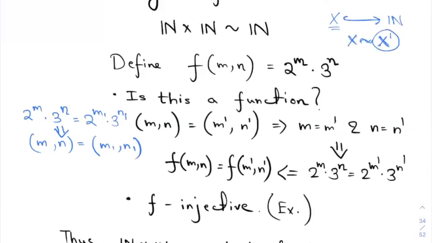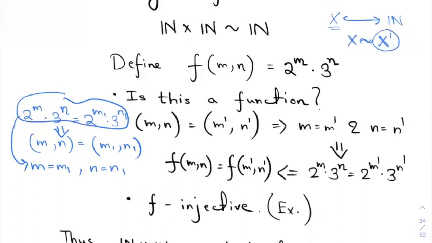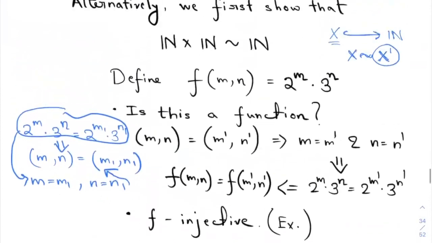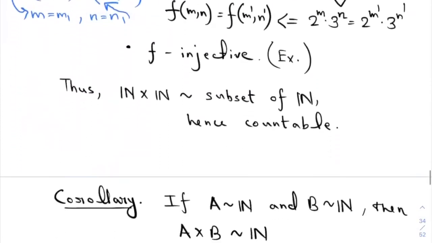Two pairs are equal when m is equal to m1 and n is equal to n1, so you have to show that if this holds, then this condition follows. Now try to prove that. Just switch around, put the 2's together and the 3's together, and see if you can use some arithmetic to show that this map is injective. So that takes care of N cross N.